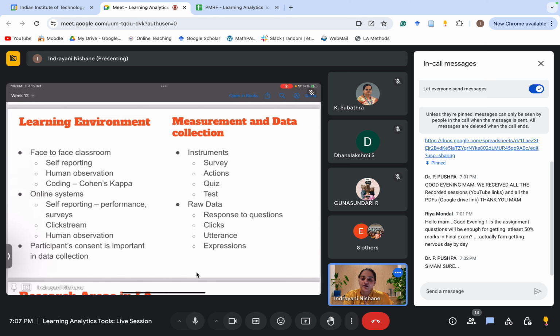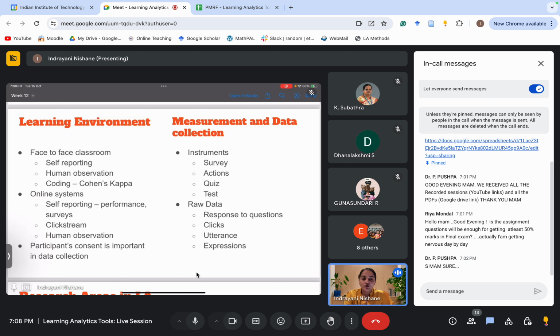But other than that, human observation can also be used to record particularly affect, or how engaged students are. So for engagement and affect, human observations could be more important. The behavioral component of engagement can still be given by log data, but the affective engagement, the emotional engagement, and the emotional state of students, that data is considered better in terms of human observations.